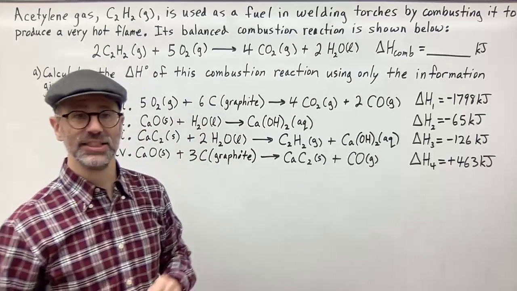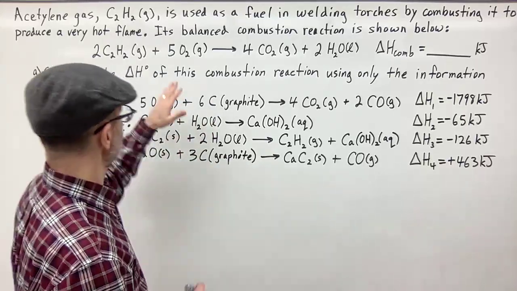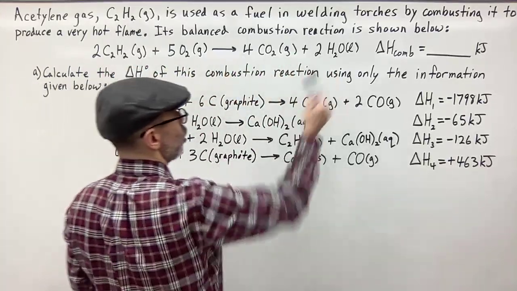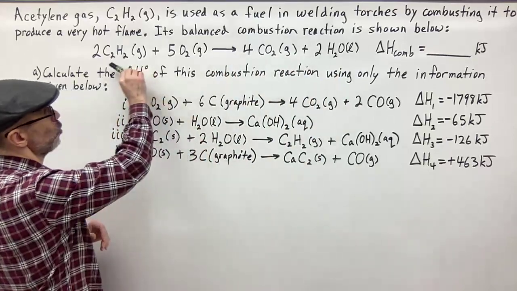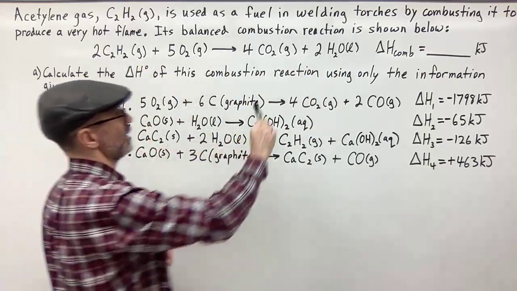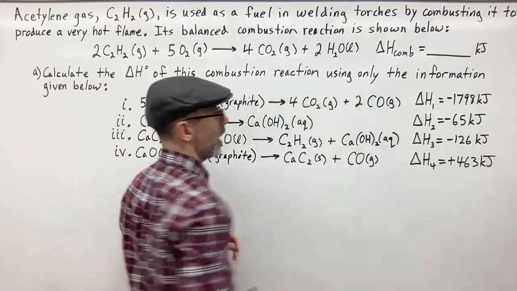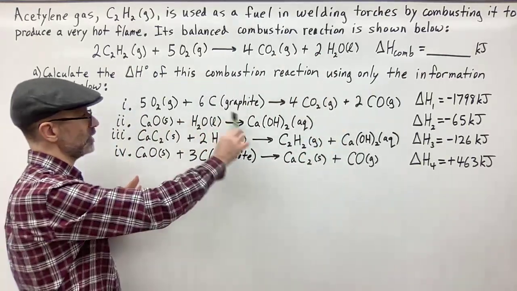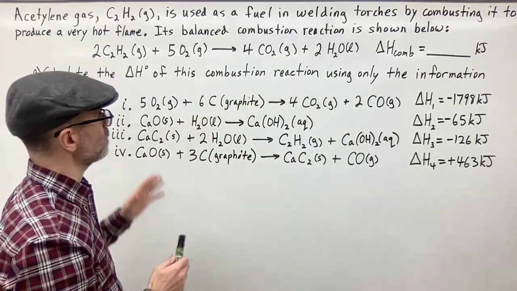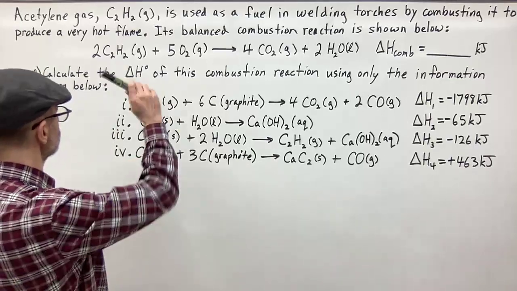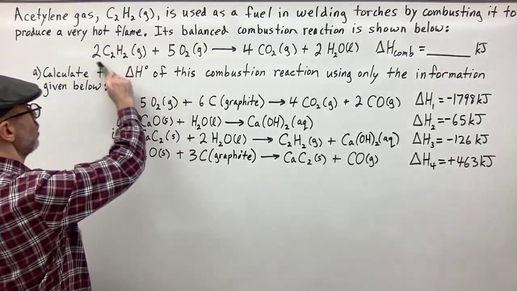So let's get started. This is our target. We want to pay attention to what's on the reactant side and what's on the product side, and we're going to look at these equations to see what's going to help us. Let's start with the reactants.